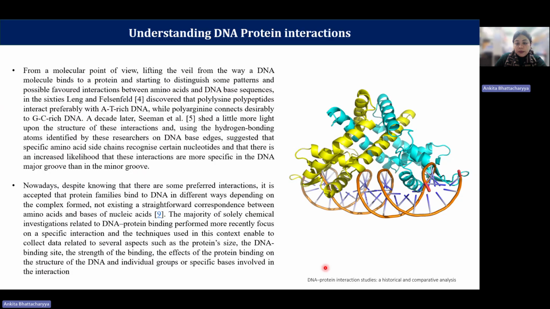But this image that you see on the right, it's a very generic image of a DNA protein interaction. You do not have to worry about the orientation and all of these things. We'll understand it very soon in the next couple of slides. But basically, it's a modeled structure of DNA where you can use tools like PyMol or Chimera, etc., which are available.